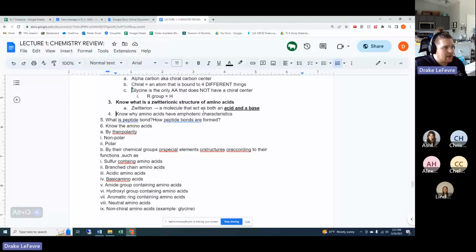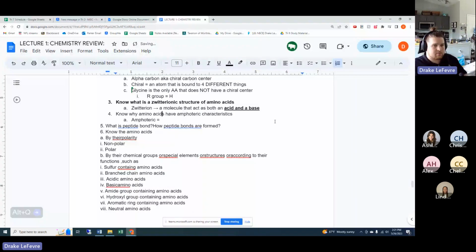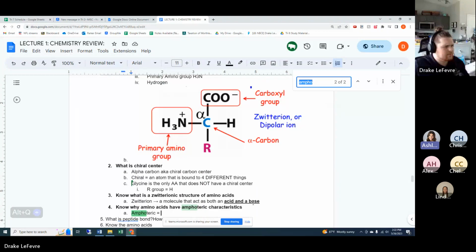Know why amino acids have amphoteric characteristics. We talked about amphoteric a little bit last time. Does anybody remember what amphoteric means? We mentioned it before.